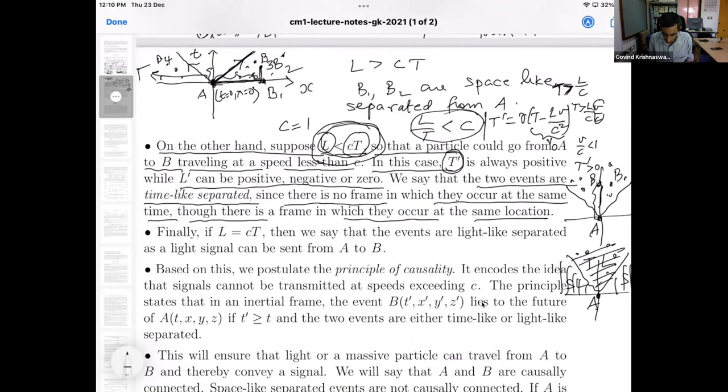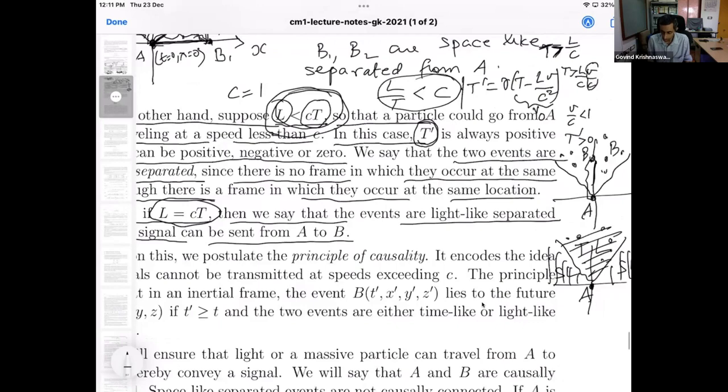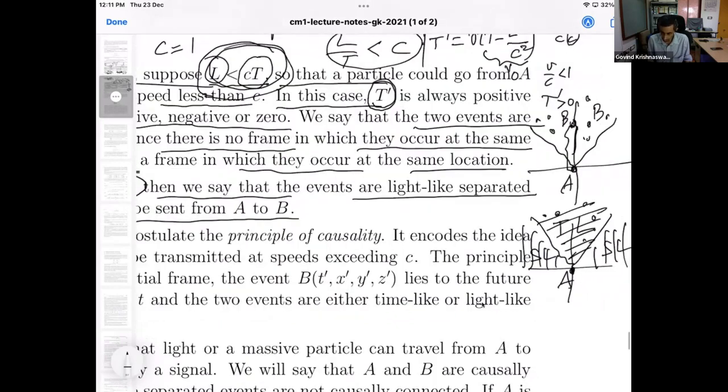So finally, if L is equal to CT, then we would say that the events are light-like separated. And that is because a light signal can be sent from A to B, because light would have covered exactly that distance at the speed c over the time t allowed. Those were the original rays that we started with, that we wrote.